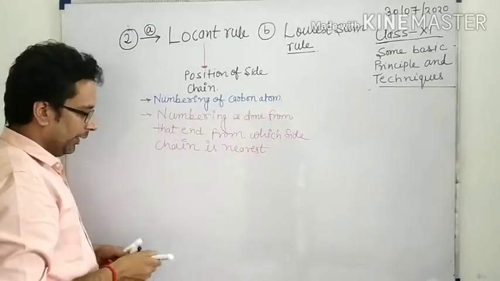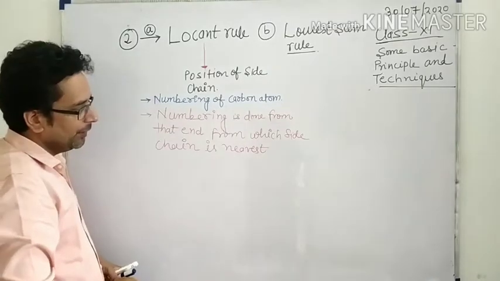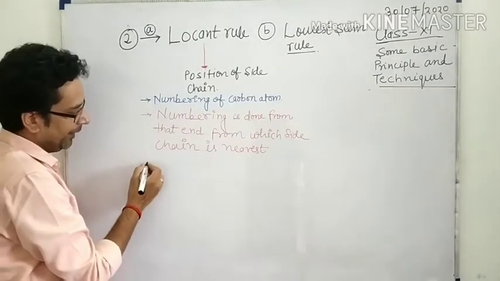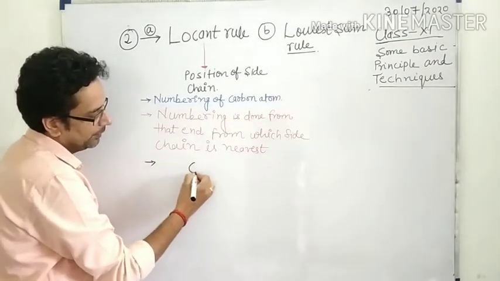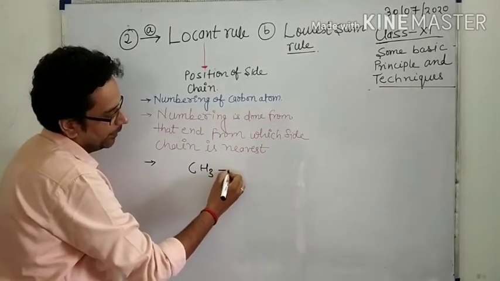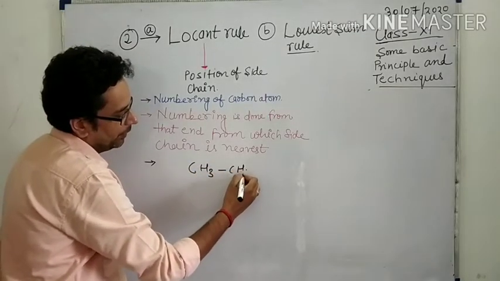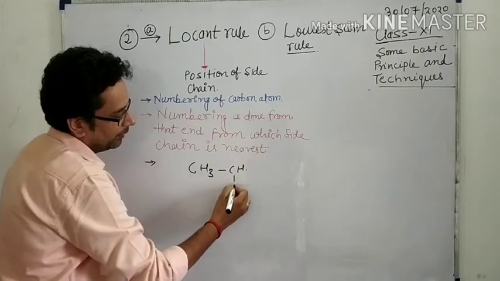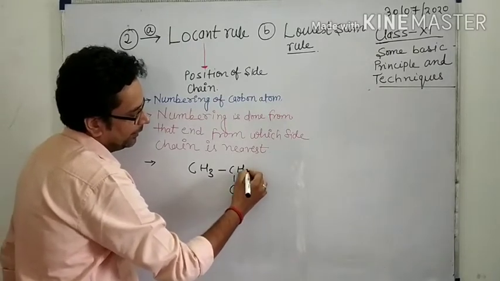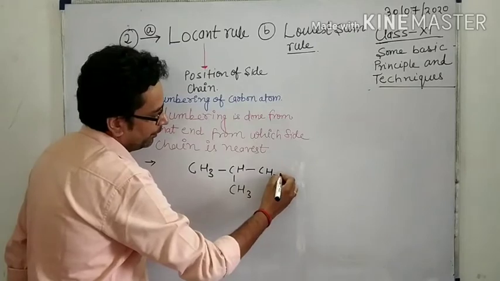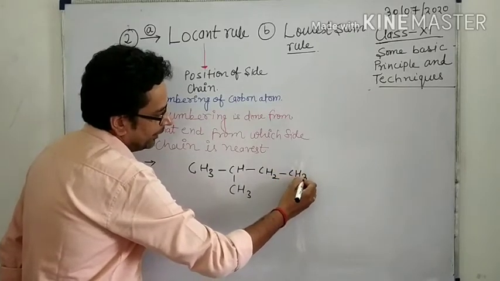So let us consider an example. If we take this example, CH3, CH3, CH2, CH3.